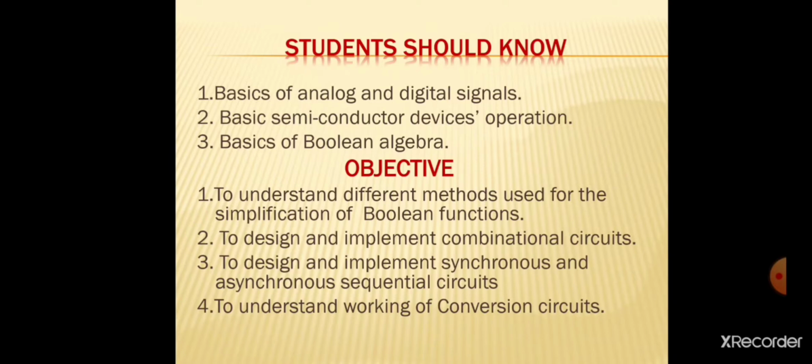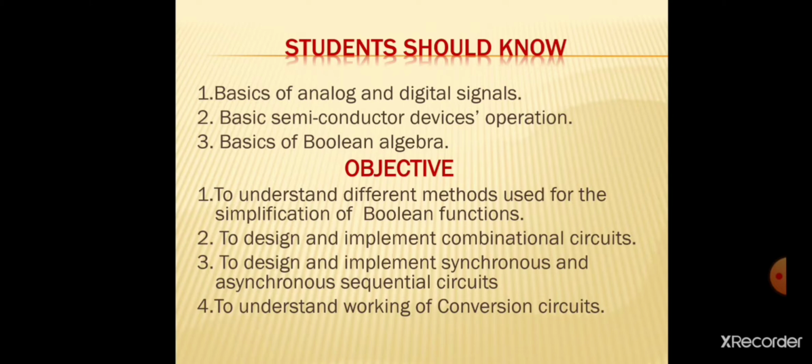The second point is basic semiconductor devices operation, meaning what the different semiconductor devices are and how they operate. And the third point is basics of Boolean algebra. This is expected from all of you before going forward in this subject.